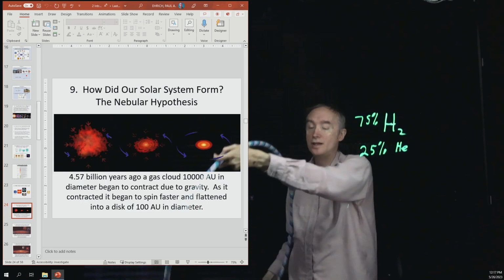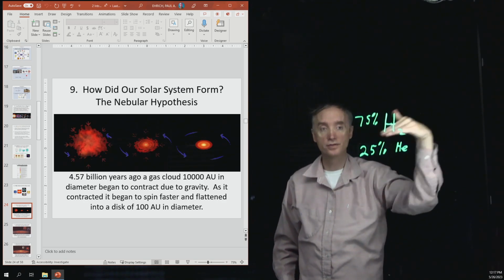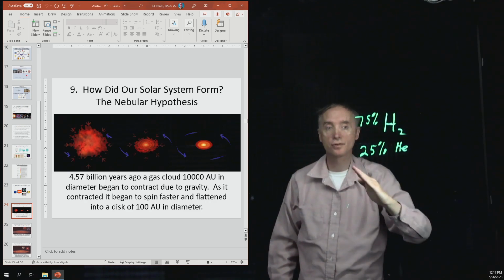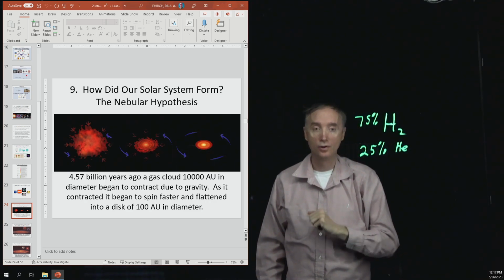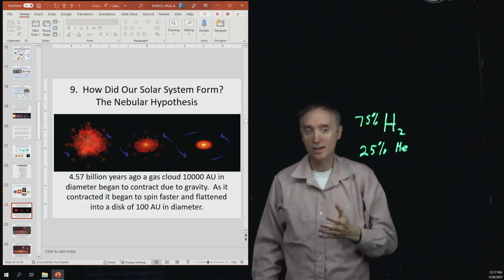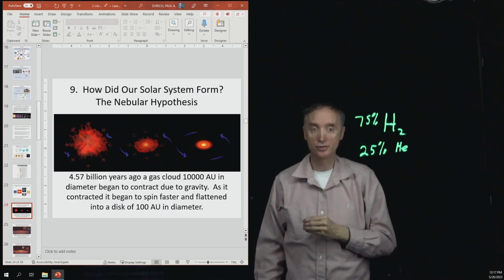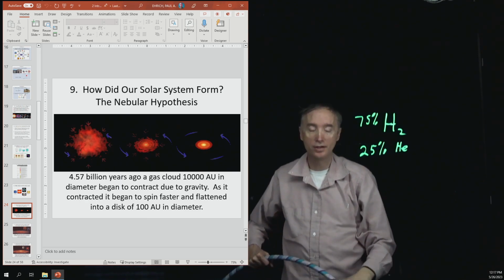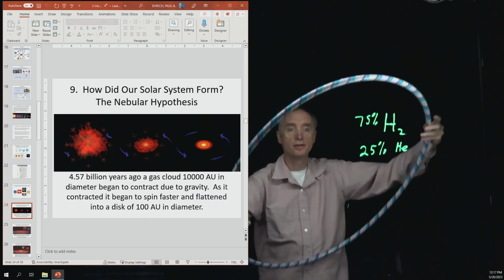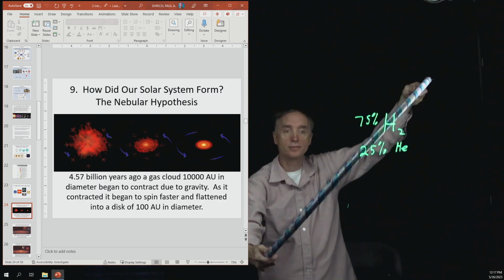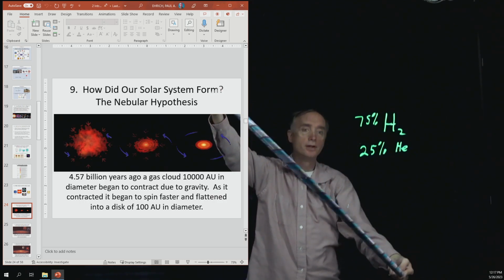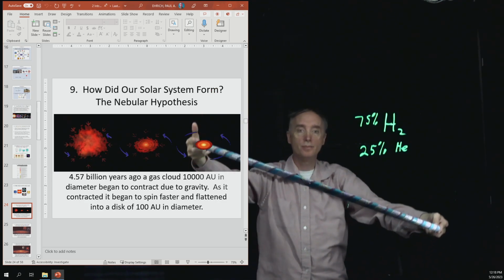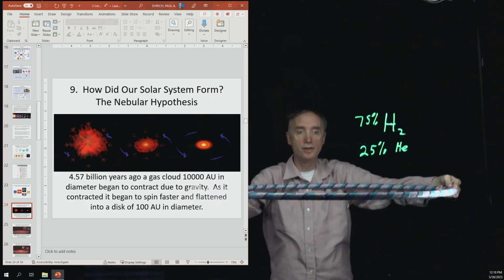So imagine that you have a car that's going in this direction, and then you have another car that's going in this direction, and then they collide. What direction do they tend to go in after the collision? Well, they tend to go in this direction. So initially you had particles that were orbiting like this, and you had some that were orbiting like this, but then after they started to collide with each other, they begin to orbit like this.